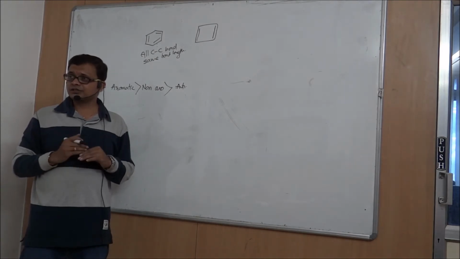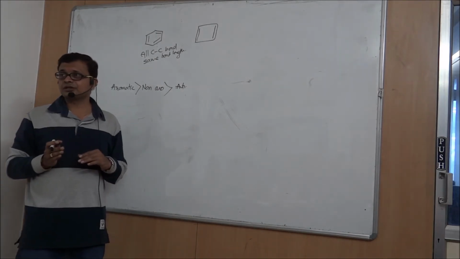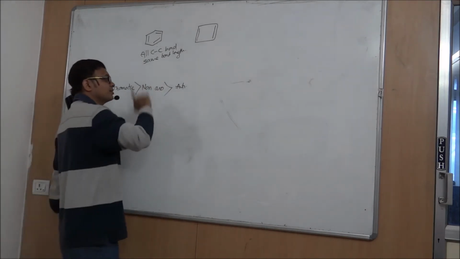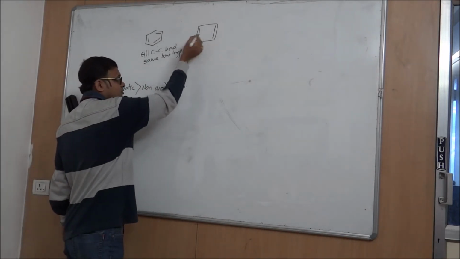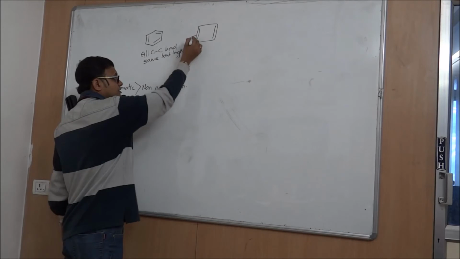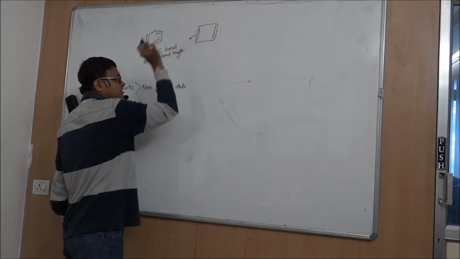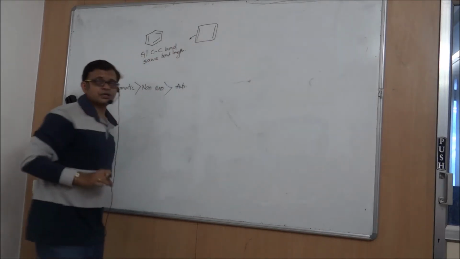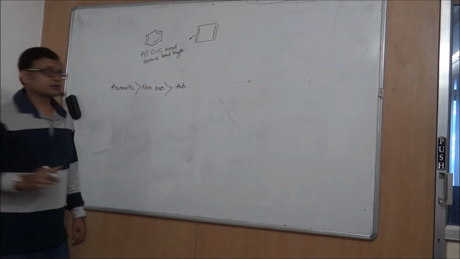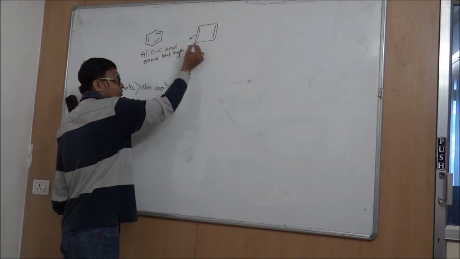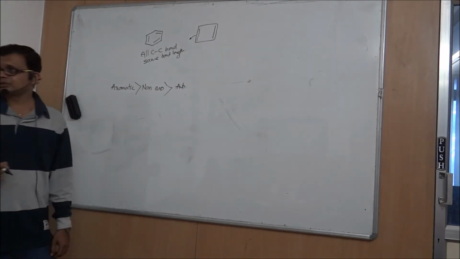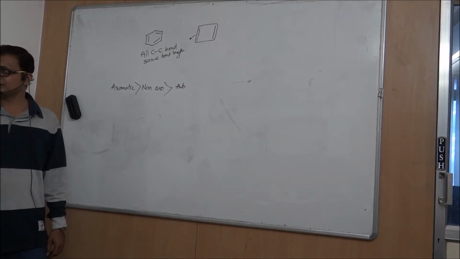When no delocalization is there, no anti-aromatic character. So to get non-aromatic character, these double bonds should be stationary. Therefore, this will have 100% double bond character. This will have 100% single bond character. So this bond length is lower than the single bond. Single bond length is higher than double bond length.